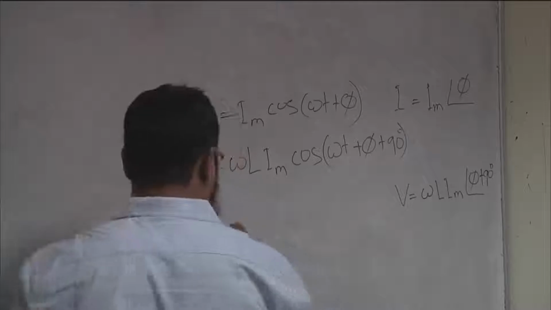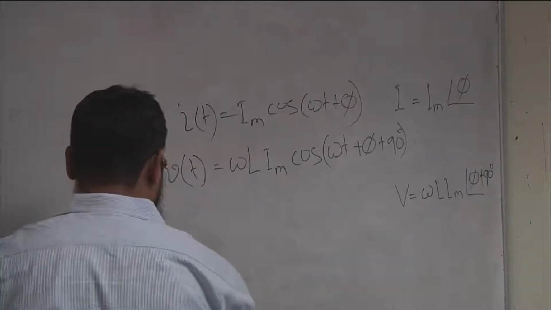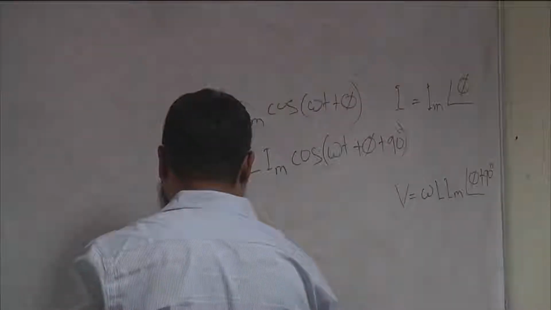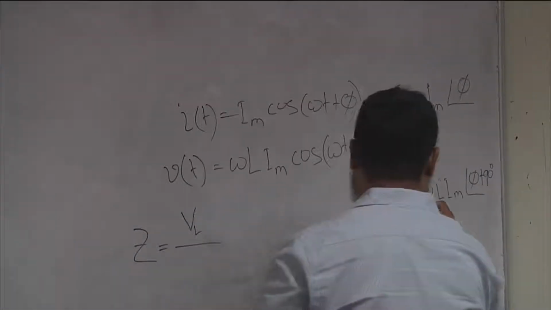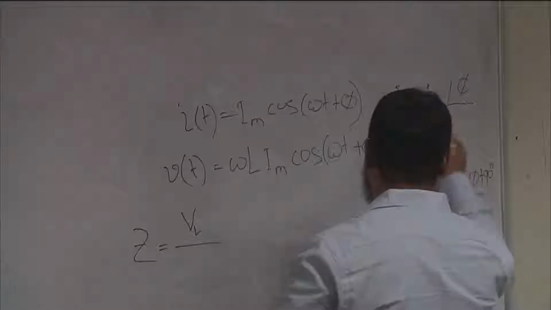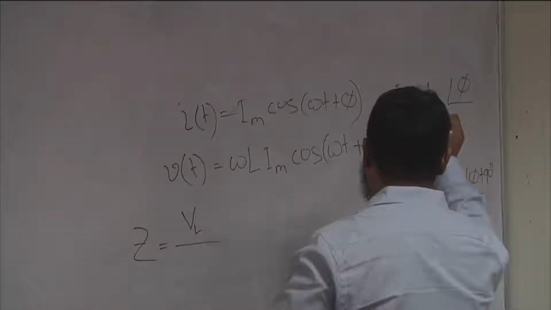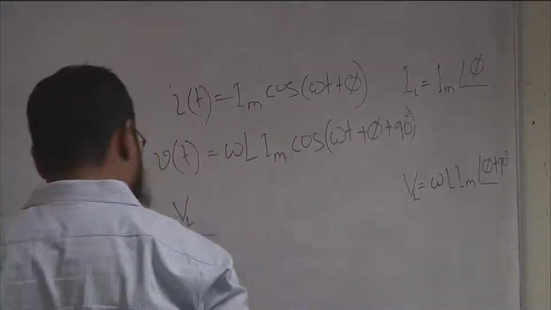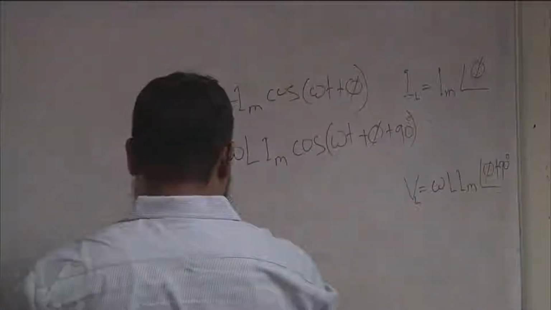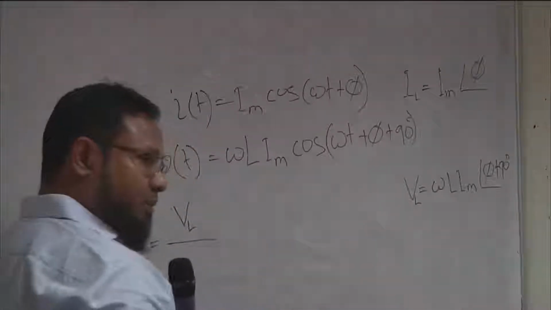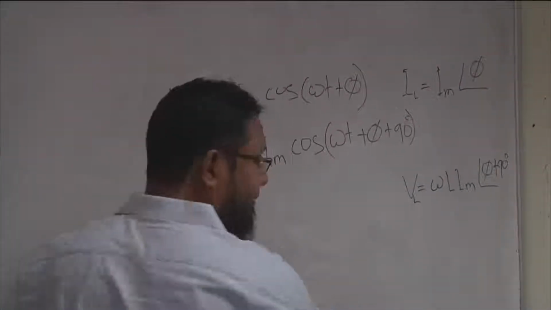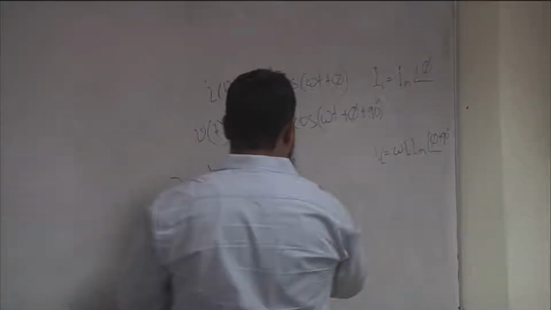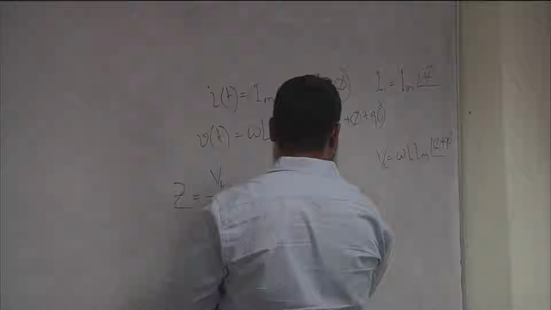So now the impedance Z is equal to, let's call this VL, the voltage across the inductor, and this IL, the current through the inductor. L is for the inductor. All right, so Z is equal to VL divided by what? IL. Thank you.